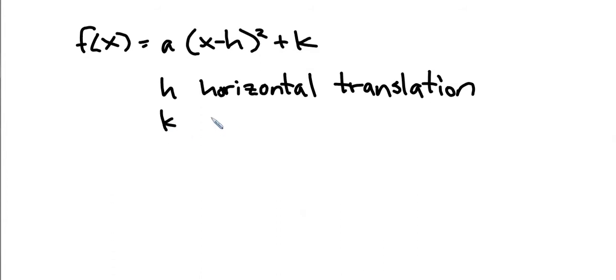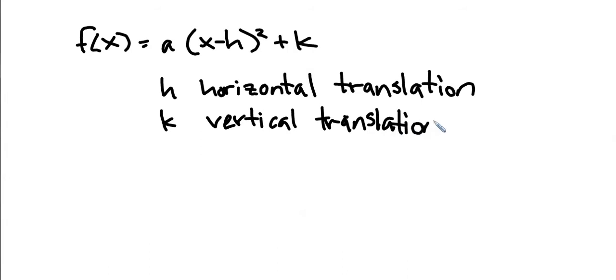And k represents vertical translation, of course, moving up or down from your basic quadratic.